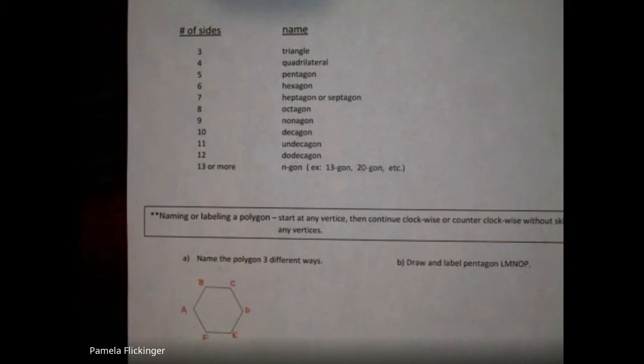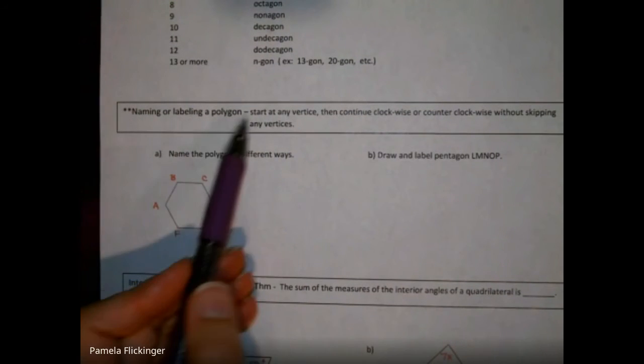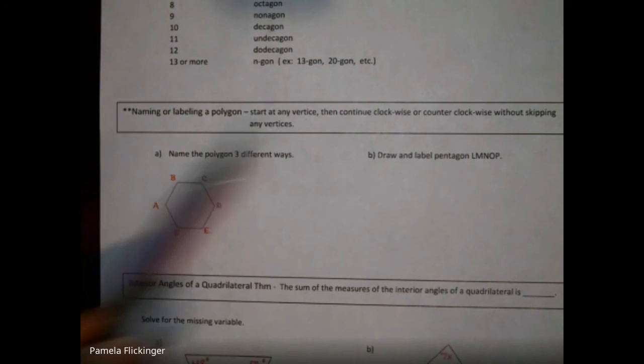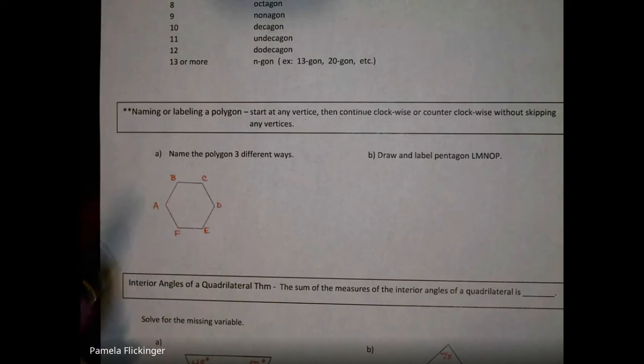Now, when you are naming or labeling a polygon, this is very, very important. You start at any vertex, but then you must continue either clockwise or counterclockwise without skipping any vertices. We're not going to zigzag. So in this first one, looking at how it's labeled, when we want to name it 3 different ways, I can start anywhere.